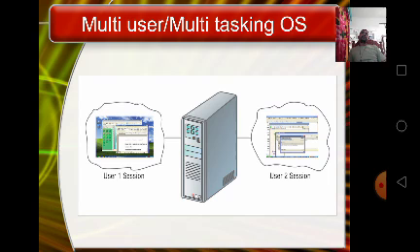There are different types of operating system. The first one is the single user, single tasking operating system. In a single user system, only a single person works at a time, and if you open MS Office, MS Word, you work on only one task.